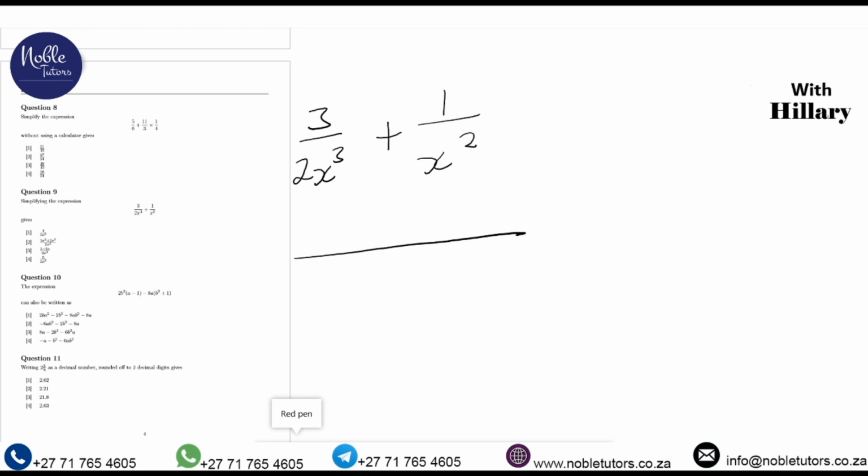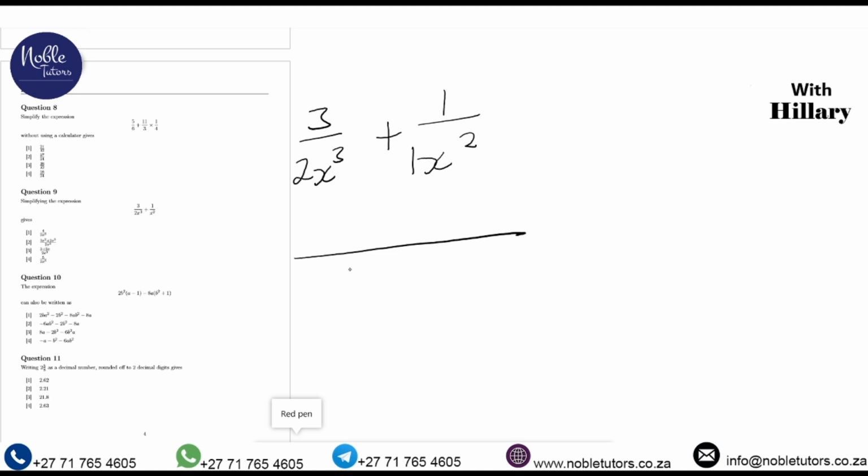So you look for a common denominator, which is the lowest common multiple between 2x to the power 3 and x to the power 2. Remember, for the numbers, there's a 2 here and a 1 there. So we know that 2 can get into 2 once and 1 can get into 2 twice.